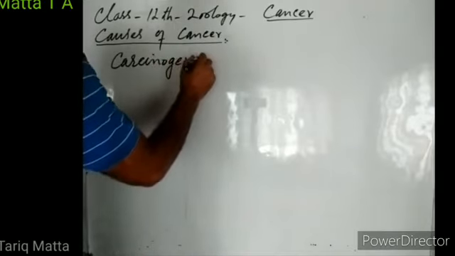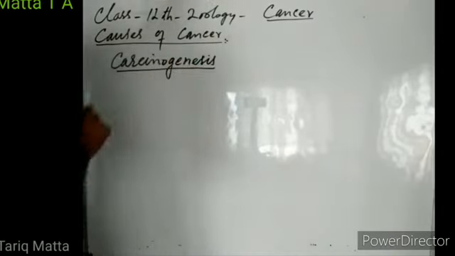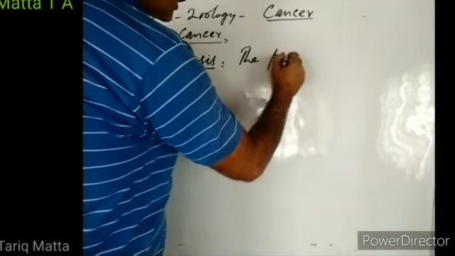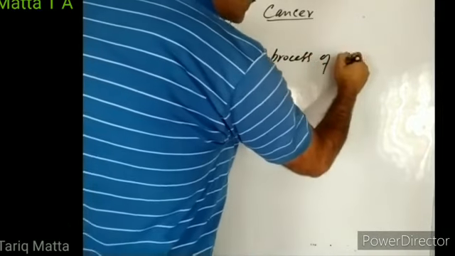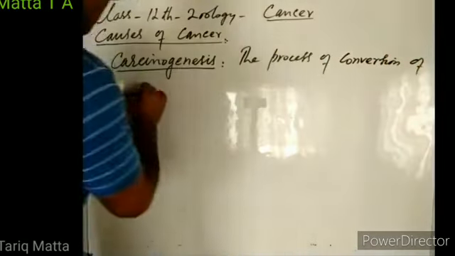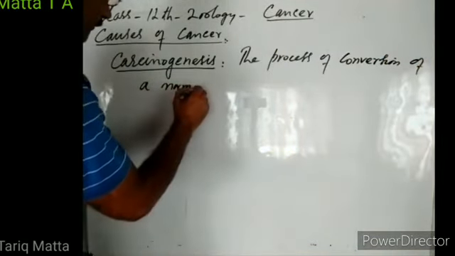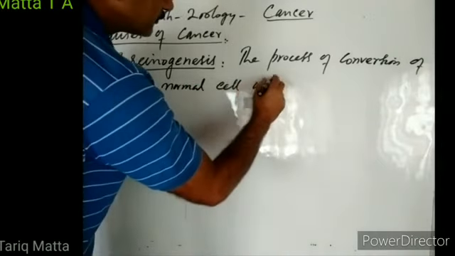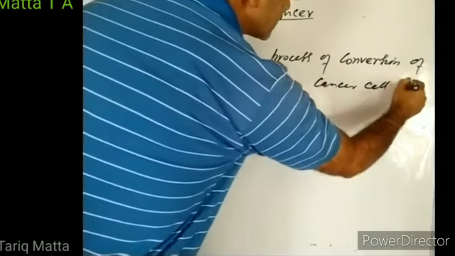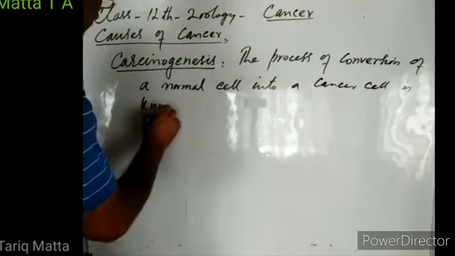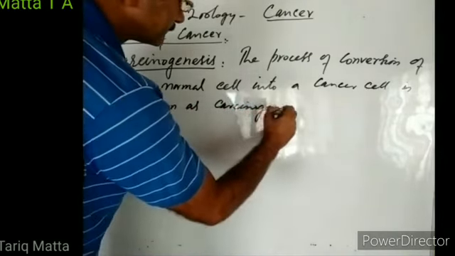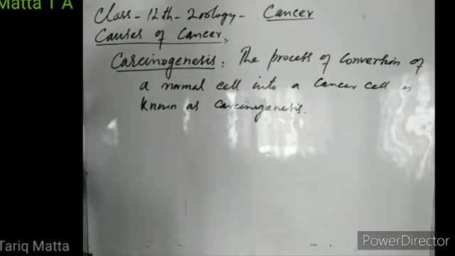Carcinogenesis. Cancer cells are developed from normal cells. So the process of conversion of a normal cell into a cancer cell is known as carcinogenesis.